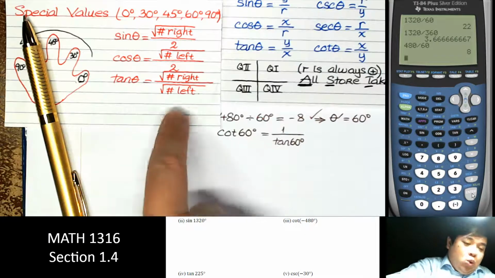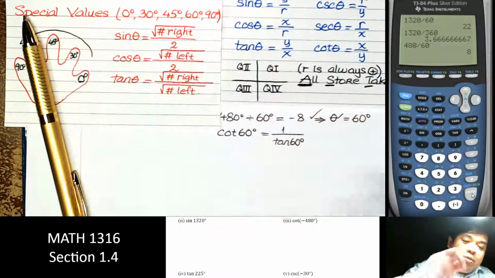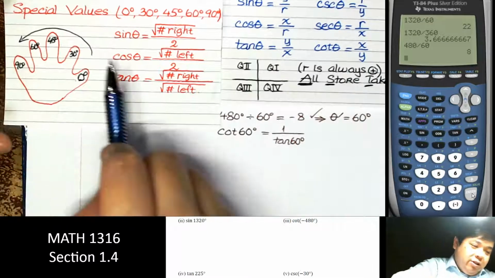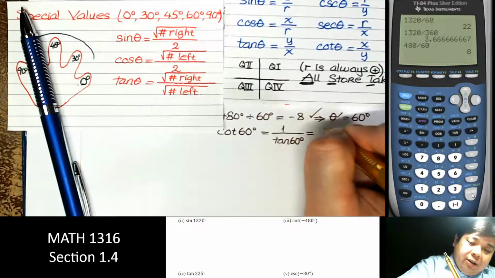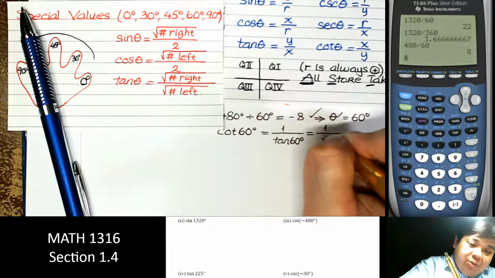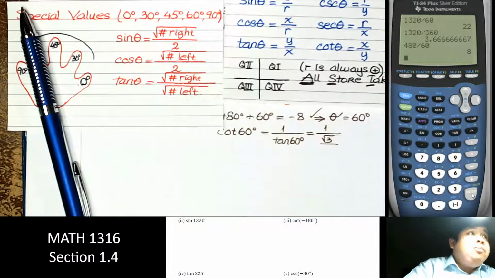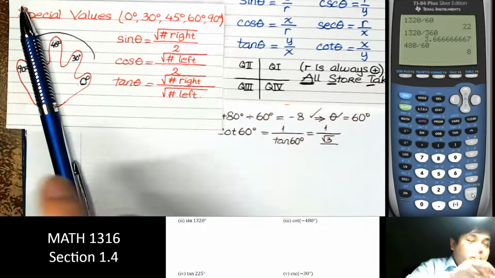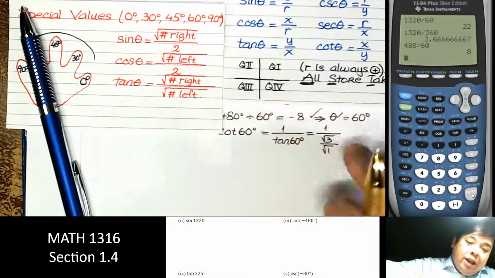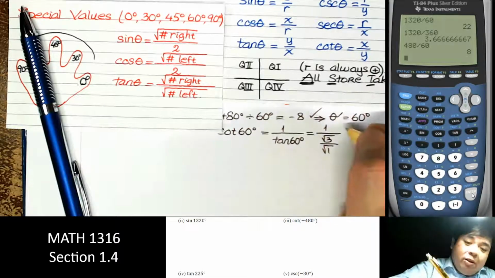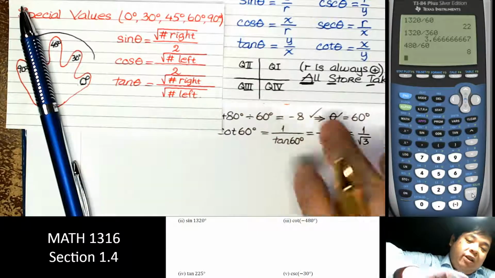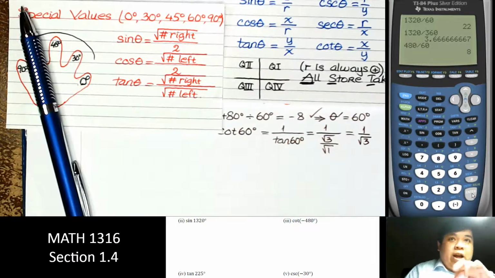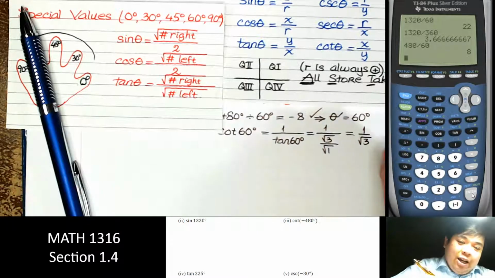Tangent is square root of the right fingers 1, 2, 3, so square root of 3. So it is square root of 3 over square root of the fingers on the left, which is 1. And so we have square root of 3 over 1, we just flip, and this is 1 over square root of 3. So that is the value.